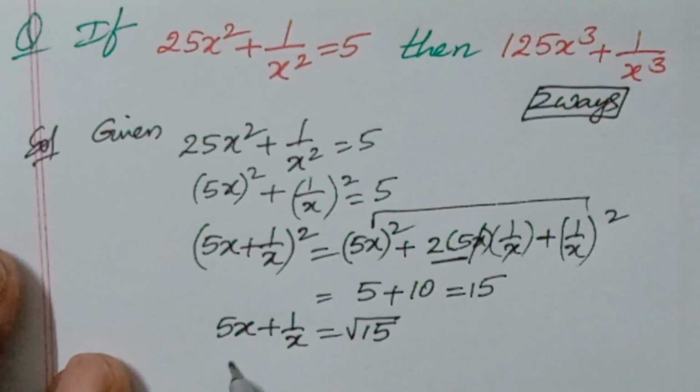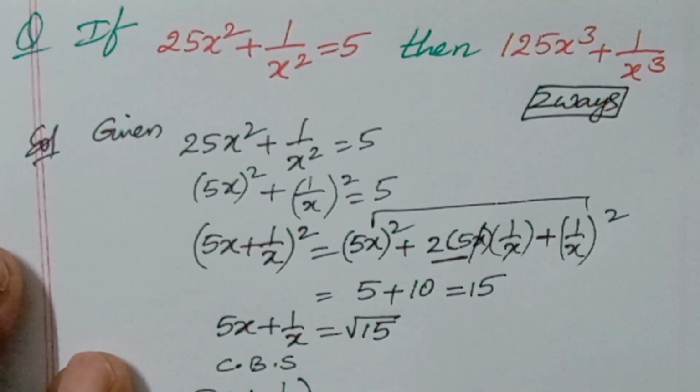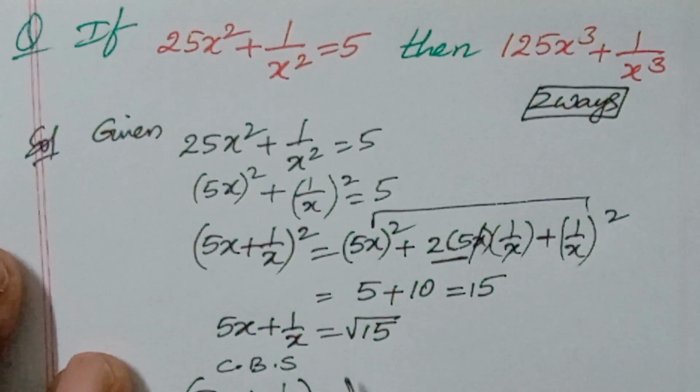Now cubing on both sides, 5x plus 1 by x whole cube is equal to root 15 whole cube.